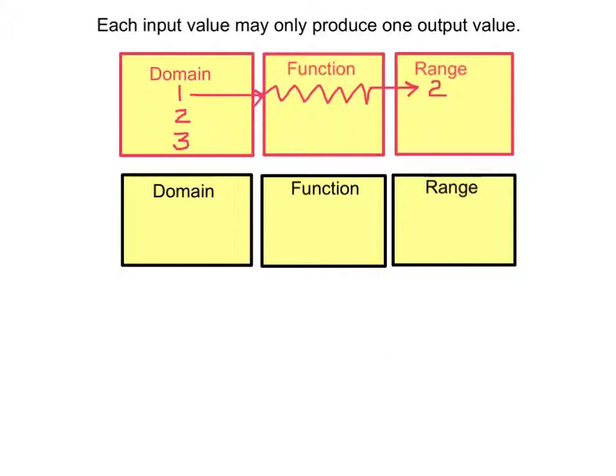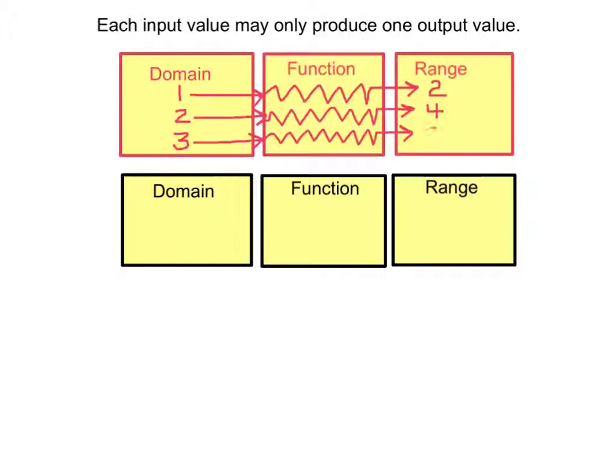Then we input 2 into our function. 2 is also operated on by the function, and the output goes into the range. So let's imagine 2 maps to a 4. And then finally the last value in our domain is input into the function, it's operated on by the function, and its output value is fed into the range.